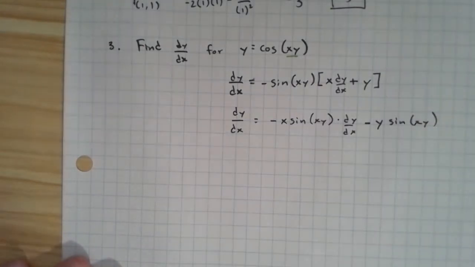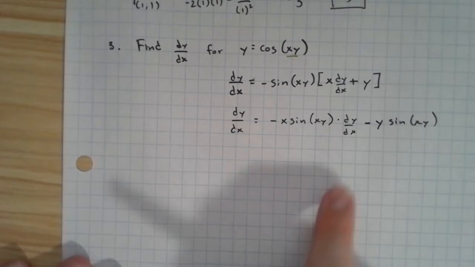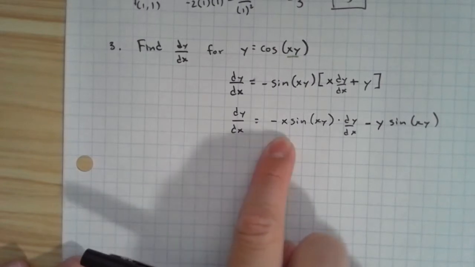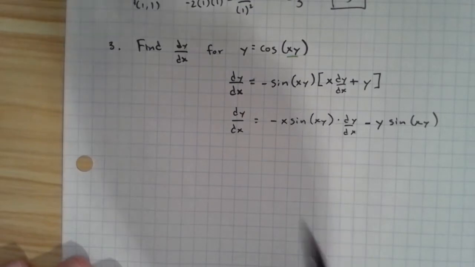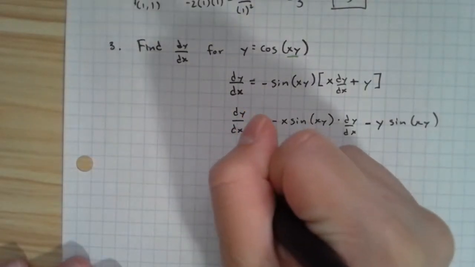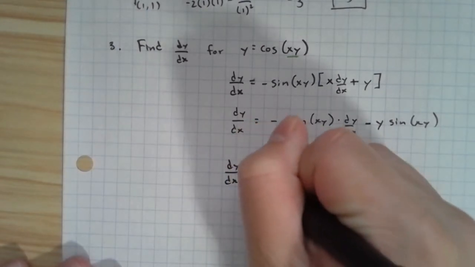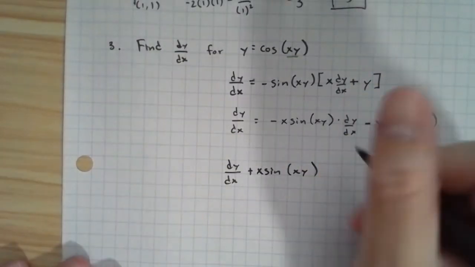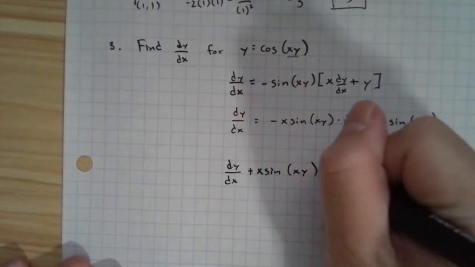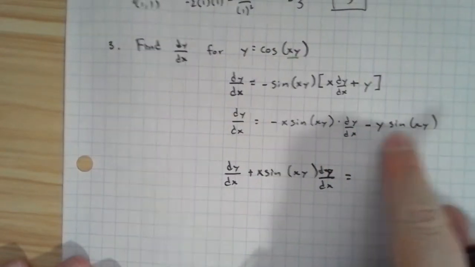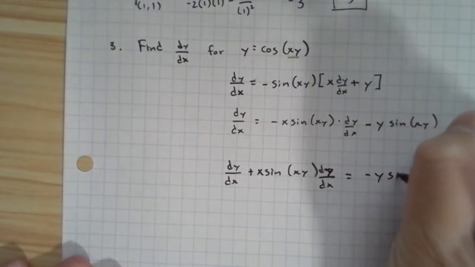Okay. Next, I'm gonna take this term right here and add it over to the left side, right? Because it's minus. So I'm gonna add x sine xy dy dx to both sides. And what that will do is I'll now have dy dx plus x sine xy dy dx on the left side, equal to, and I still had this guy on the right side.